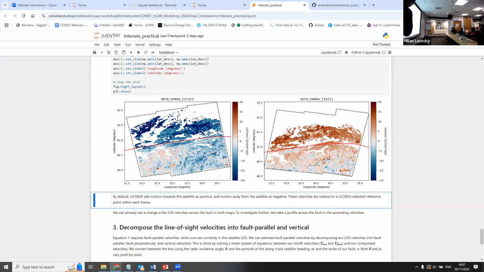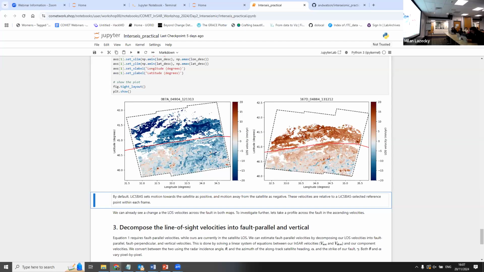For example, you can see that in the ascending figure, the south side is red, the north side is blue. Whereas for the descending figure, the south side is blue, relatively blue, and the north side is red. So then we can know that this fault is definitely a right-lateral strike-slip fault.